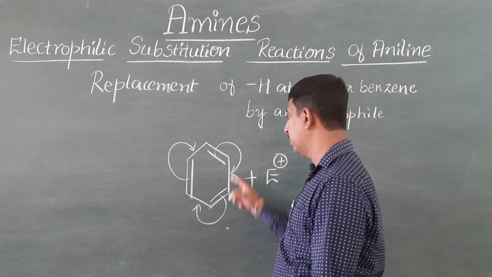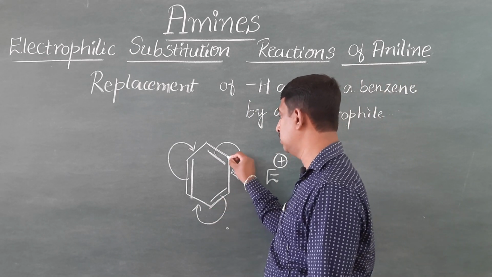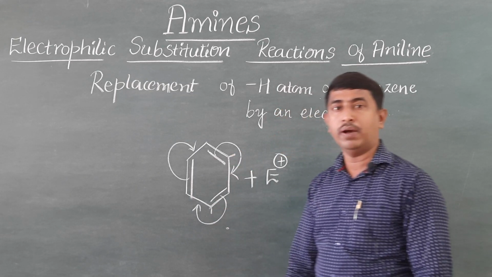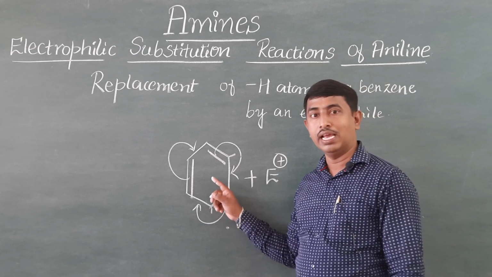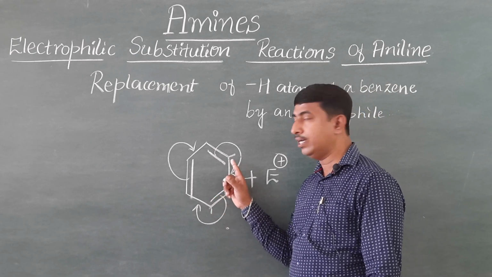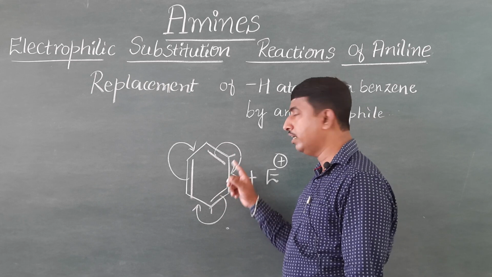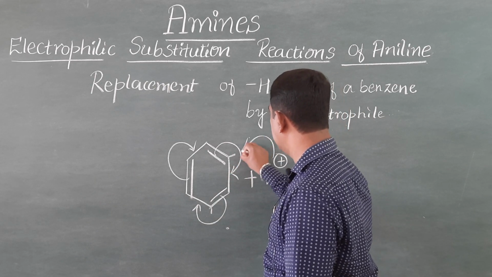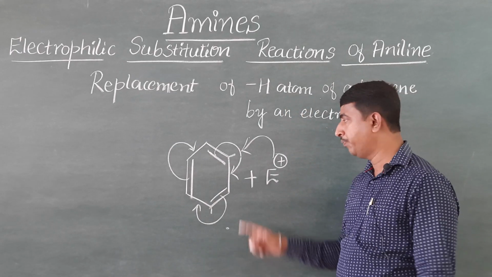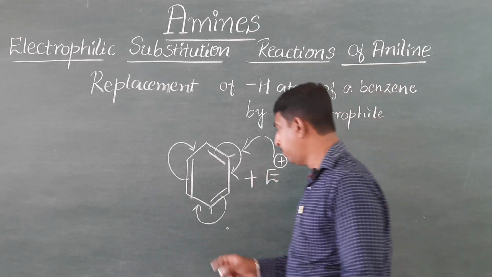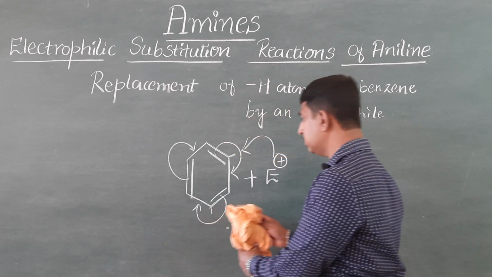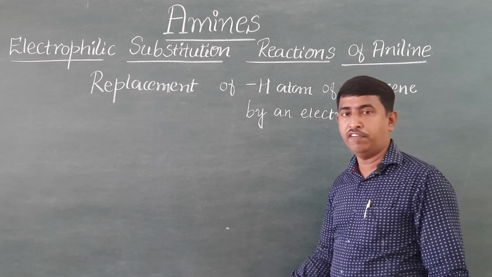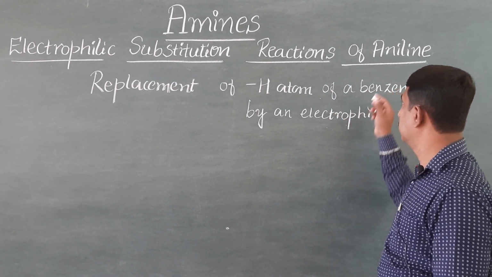As a result, the ortho and para positions become electron rich, or electron density increases at ortho and para position. Therefore, electrophile can readily attack those positions. This is the reason why benzene undergoes electrophilic substitution reaction.